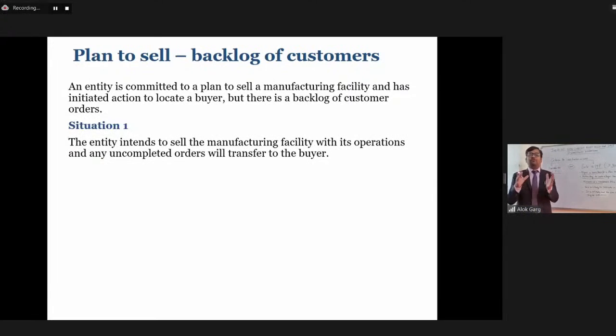So the company wants to sell the factory as it is in the present condition. If there is any pending order, the buyer will complete it. Tell me whether in situation 1, it is meeting the definition of ISPC.